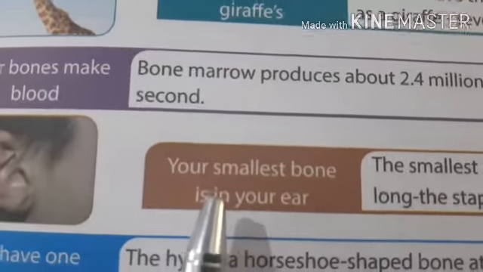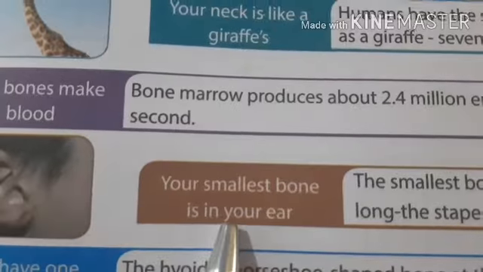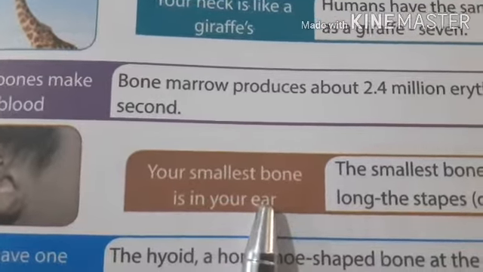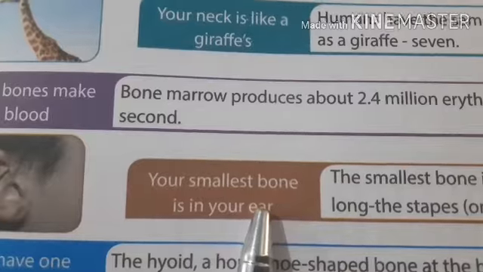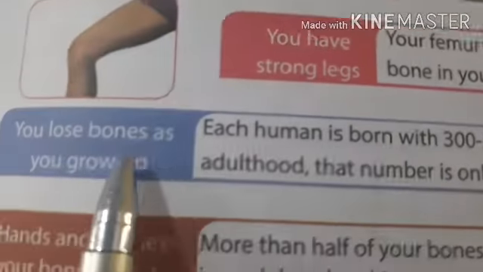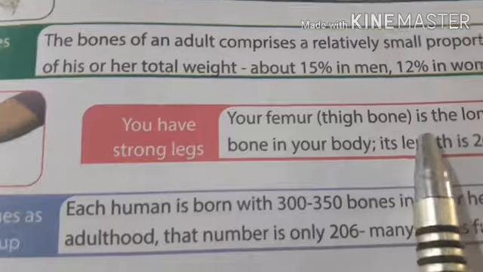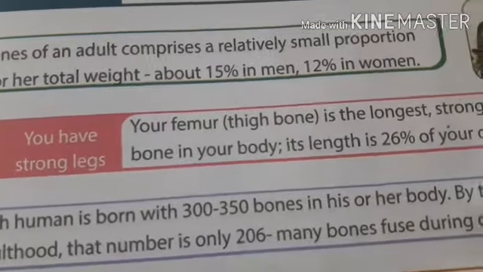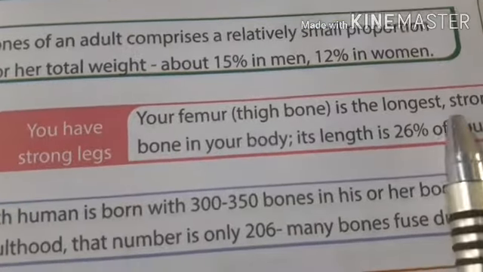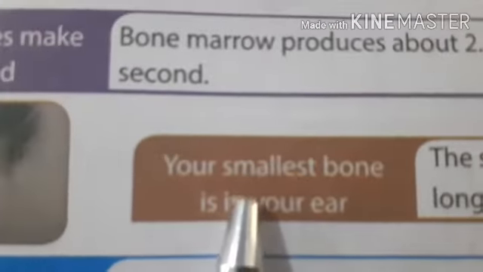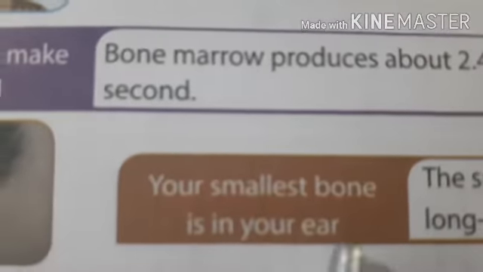Next, your smallest bone is in your ear, and which is the longest? Here we have studied that the femur, the thigh bone, is the longest bone. And your smallest bone is in your ear.